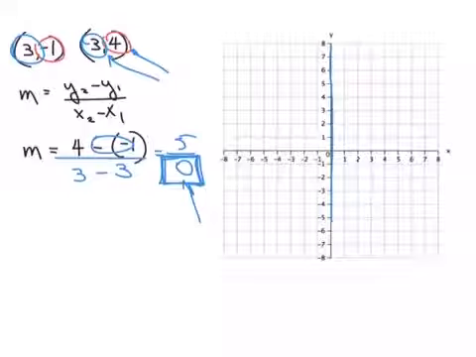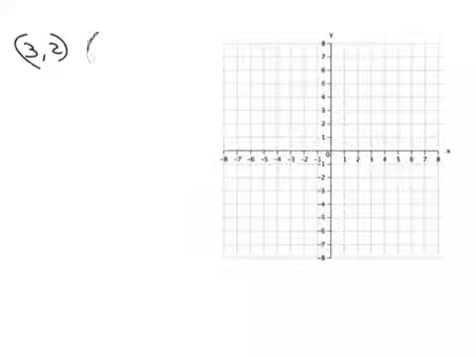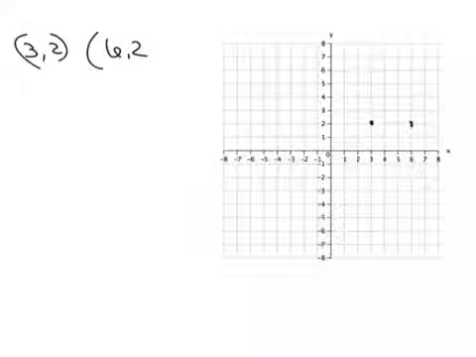All right, now let me show you a slope of 0. A slope of 0 is, let's see, is if the y's are the same. So let's say I had 3, 2 and 6, 2. Now if I graph those, I get 3, 2 and I get 6, 2. And if I draw the lines together, I have a slope of 0.